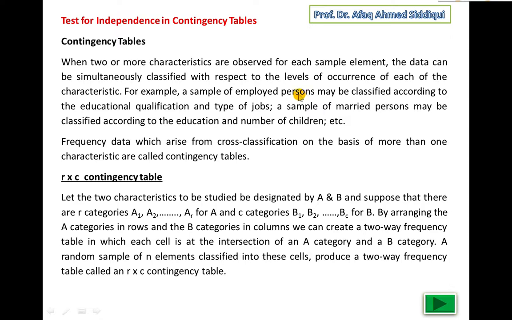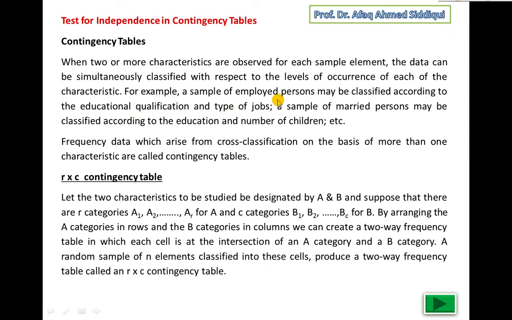Suppose you want to study whether educational qualification and type of job are independent or dependent. For a test of independence or dependence we use the test for independence. If you have two variables, two characteristics, two criteria of classification, then we use the test for independence. With the help of this test we check whether both characteristics, both criteria of classification, are independent or dependent.